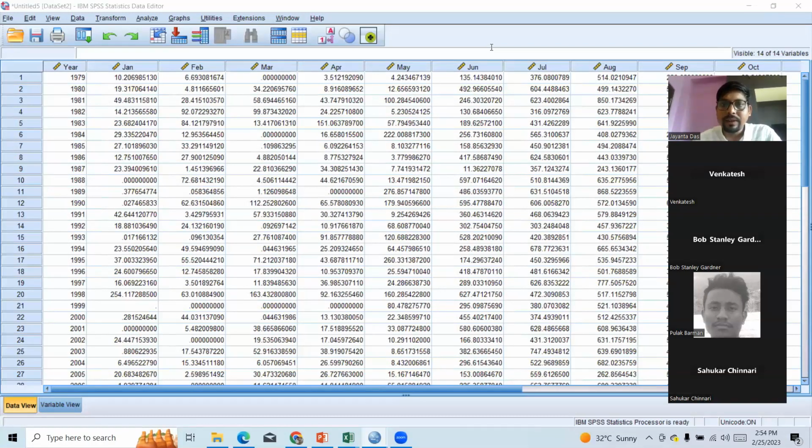Then another thing, can you please show how to calculate missing values using ClimText, which you have already mentioned in this workshop? Yes, Venkatesh, I can show, but the problem is that I didn't download this ClimText software. I have used it in my research. ClimText is open source software, we can easily use it.